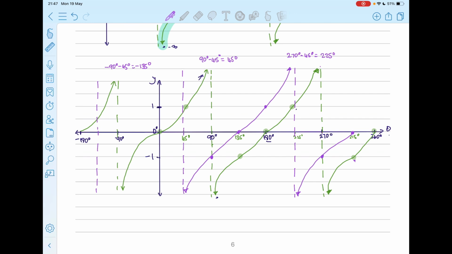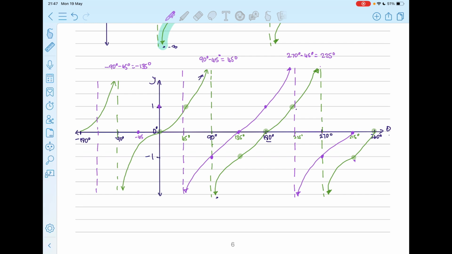So let's start. We had a point at 45, so that moves 45 degrees to the left, meaning it's now here because the y values are the same. And then 0, 45 degrees to the left is now over here, and negative 45.